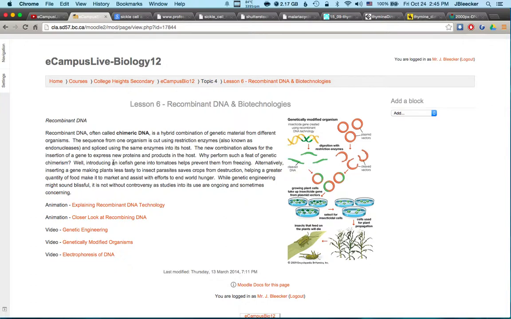It's a really neat one because it's a chimera. It's a new series of genes that we make by using synthetic techniques. It's not a result of sex. It's a result of scientists messing around in the lab. But stem cell technology, GMOs, etc., just really neat stuff.